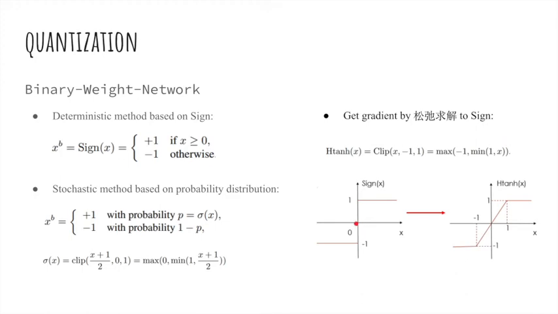To solve this problem, we change the sign function to this one so that we can get the gradient. When x is larger than 1 or smaller than -1, the gradient equals 0. When x is between -1 and 1, the gradient equals 1. And the gradient is also an integer.